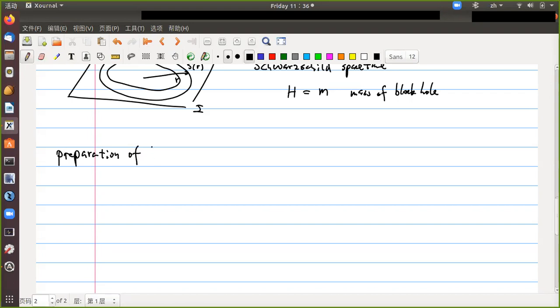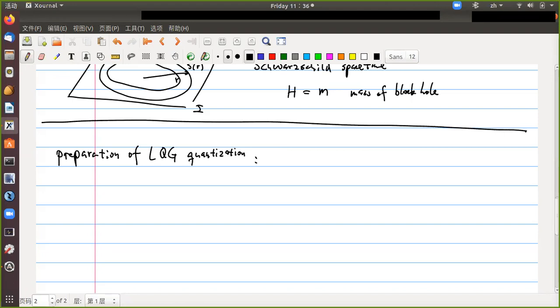This is the procedure we have to do before really coming to the quantum theory. So what exactly do we do to prepare the loop quantum gravity quantization?